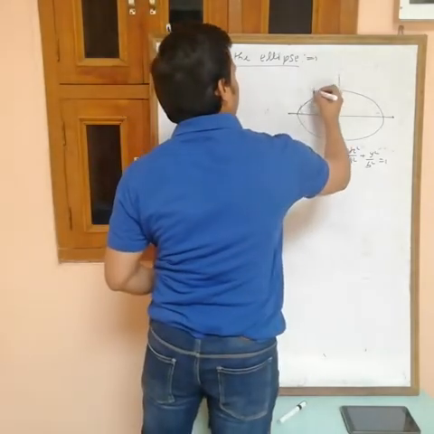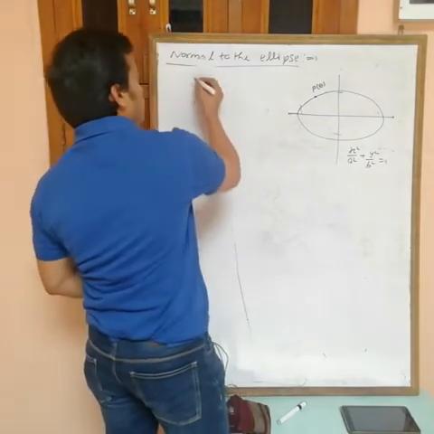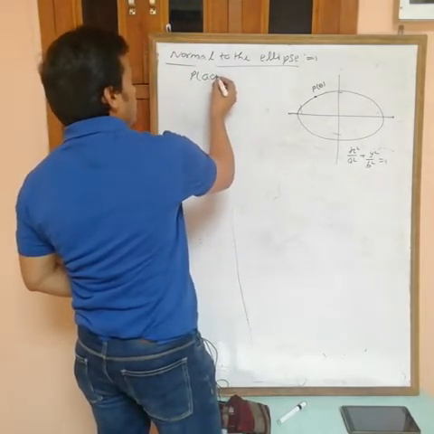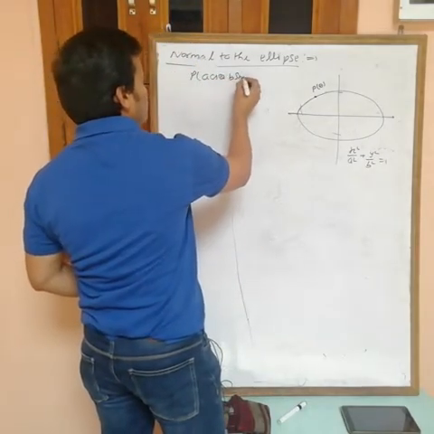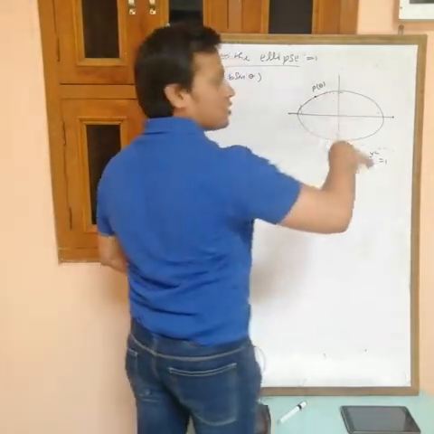Suppose this is any point P whose parameter is theta. If parameter of P is theta, it means P is a cos theta comma b sin theta. This is the coordinate of P, and we want equation of normal.